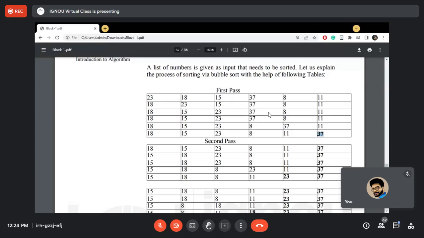This is the first pass, where we got the greatest value in the last location. Now compare the value 18 with 15 and so on. You will get the second greatest value in the second last position and so on.